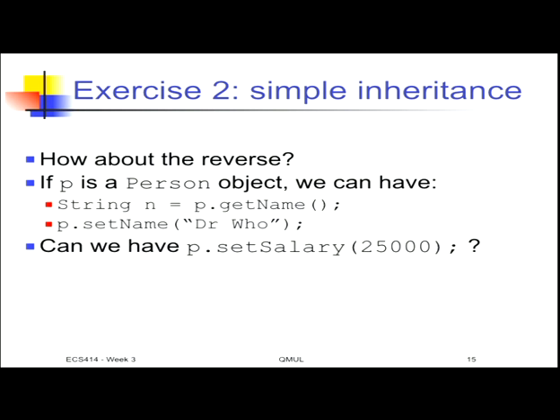And it makes sense because not all persons are employees, so there are persons who don't work. It wouldn't make sense, also logically, to have this as a legitimate operation, because setSalary is only meaningful in the subclass of Person where people have a salary, which are employees.